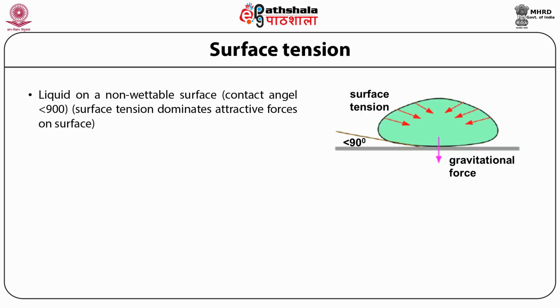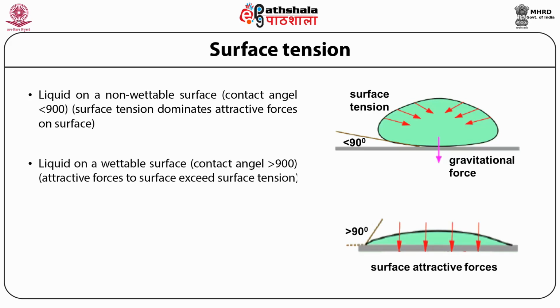In the other case, for liquids on a wettable surface, the contact angle is going to be smaller than 90 degrees. In that case, the attractive forces to the surface exceed the surface tension and you don't have drops of water on the surface. The contact angle we are talking about here is basically the angle between the surface and the surface of the water drop or any liquid.